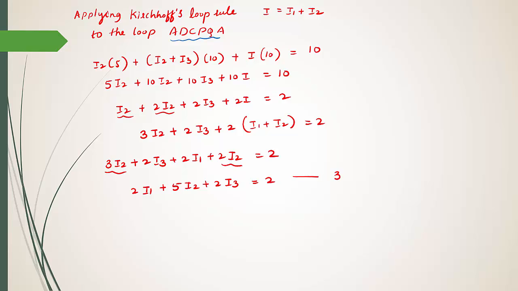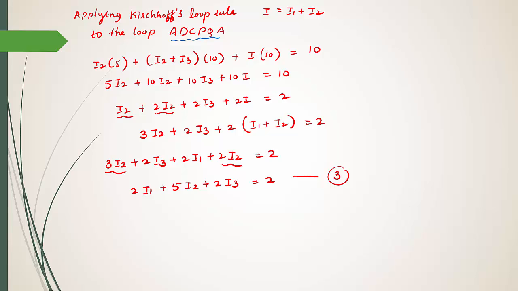Let us take it as equation 3. This is for the loop ADCPQA. Now, using these three equations, we have to find current in each branch. That means we have to find the value of I1, I2 and I3.